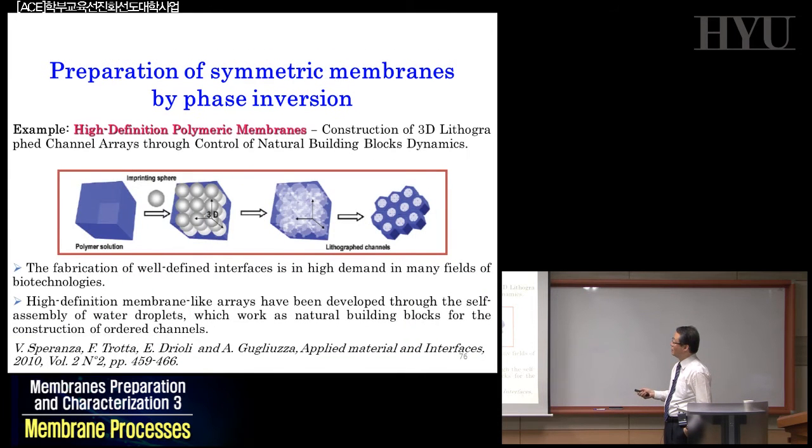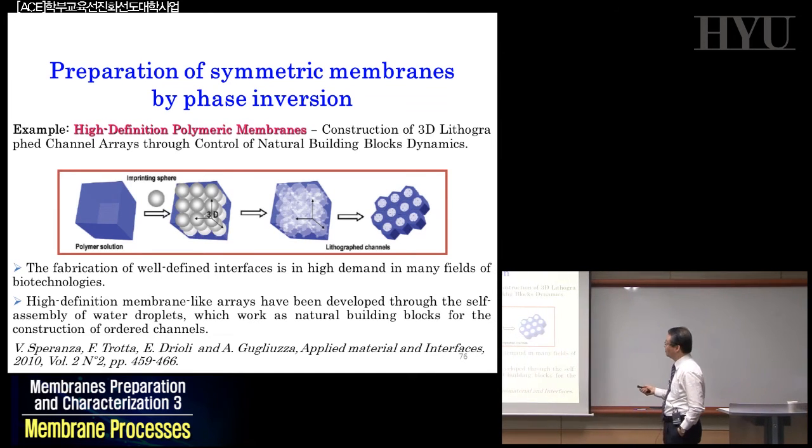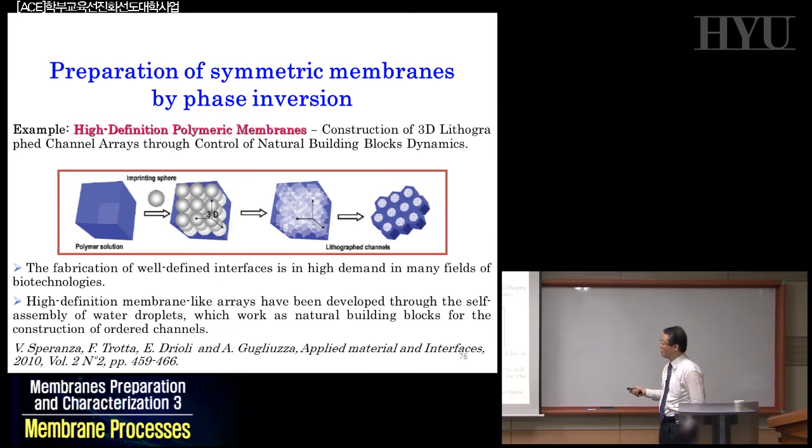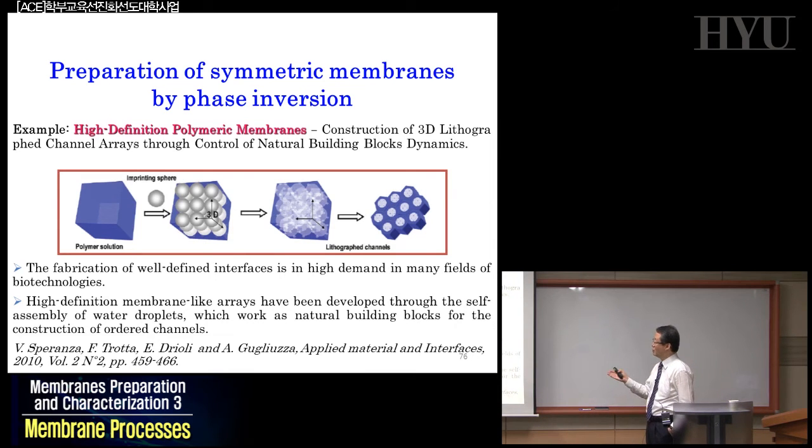You can make a very nicely done, high-definition polymer membrane with 3D lithographic channels. But again, this has not been commercialized yet. This is still in the laboratory. You can make this type of very neat membrane by using lithographic channels.